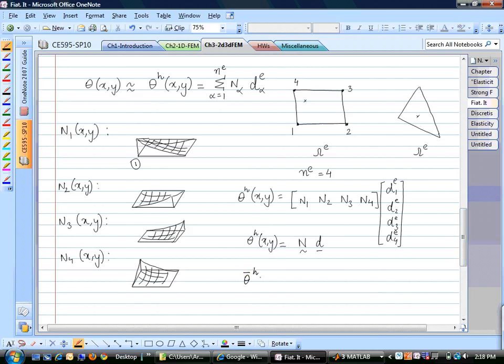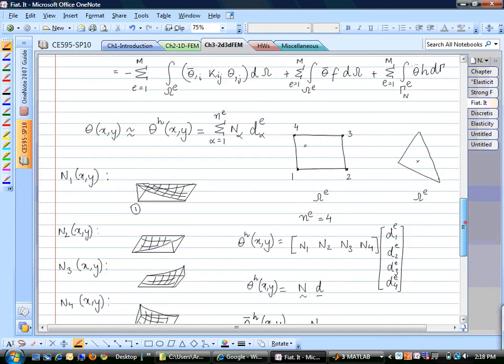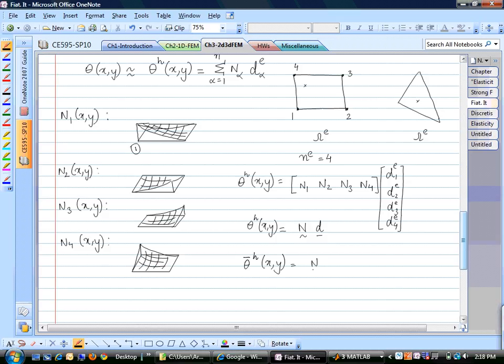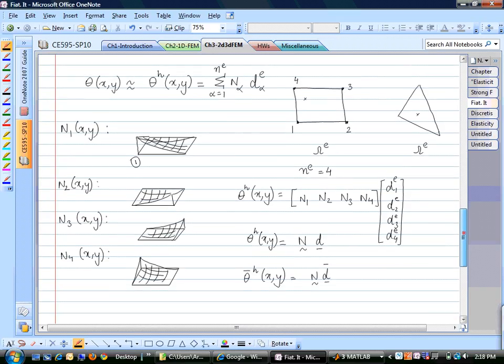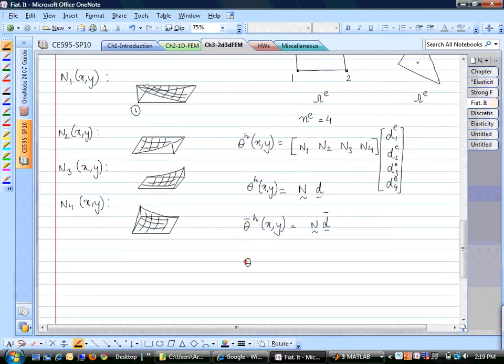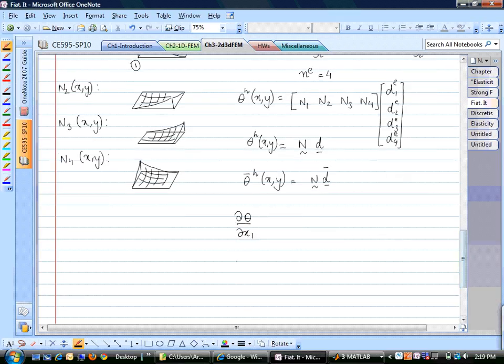So the approximate value of the virtual displacement is going to be N times d, but the derivative is going to be theta comma I. So theta comma I is nothing but d theta over dx1 and d theta over dx2.